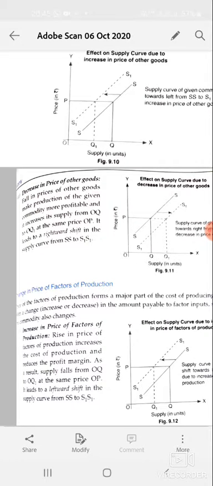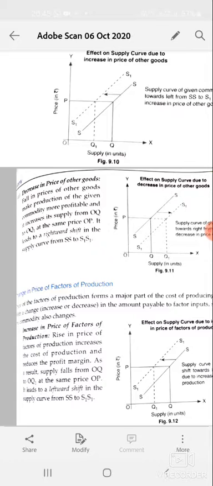As a result, the firm will supply fewer units of the commodity. So an increase in price of factors of production leads to a leftward shift, which means a fall in the quantity supplied by the firm when price is constant.